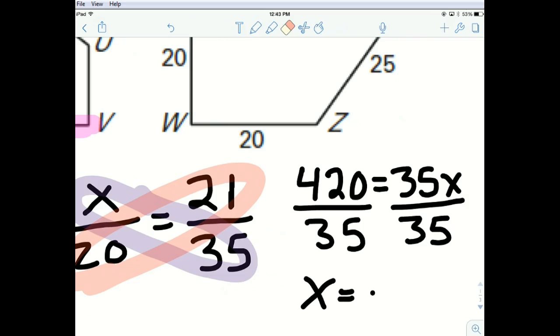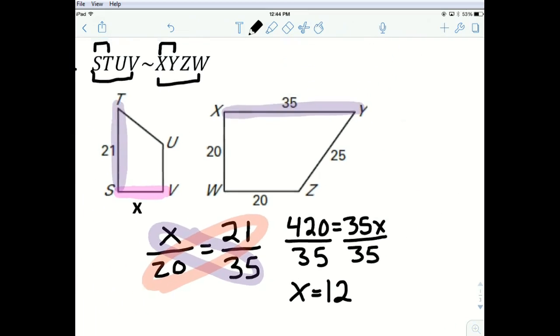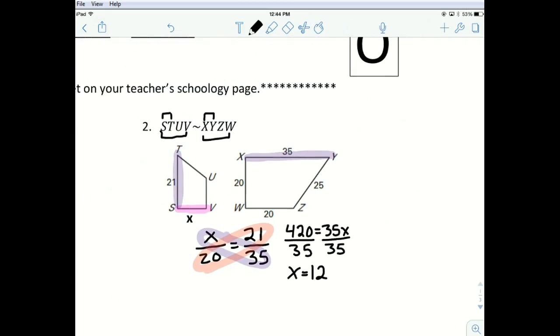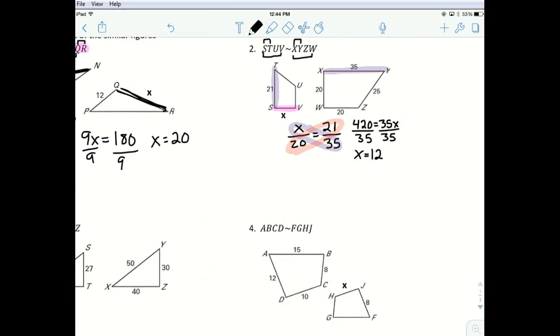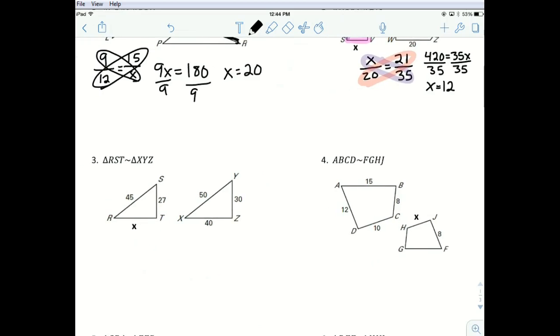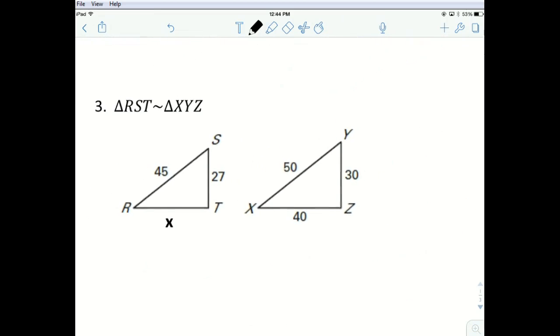And x equals 12. So the key is matching up the correct sides. When the orientations are twisted around, it is easy to make a mistake and match up the wrong sides.